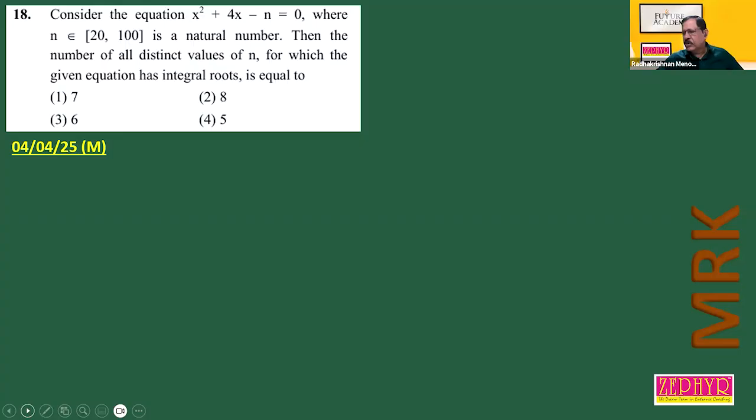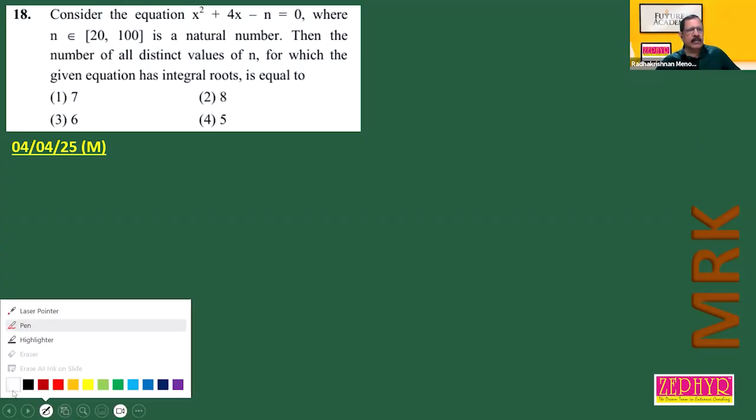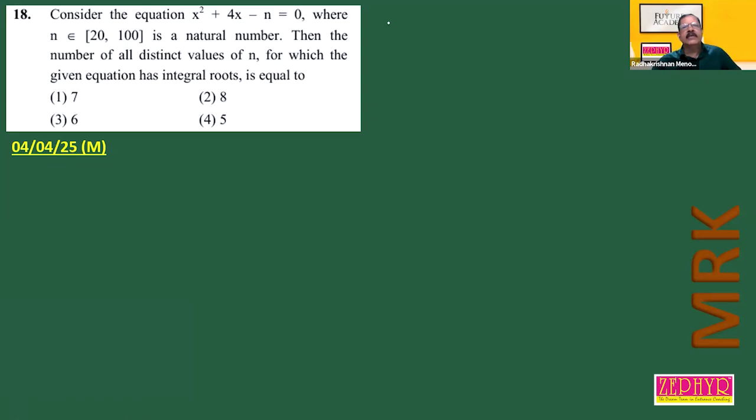Integral roots means integer roots. You can use the formula to find out the roots of the quadratic equation. Like that also you can proceed.